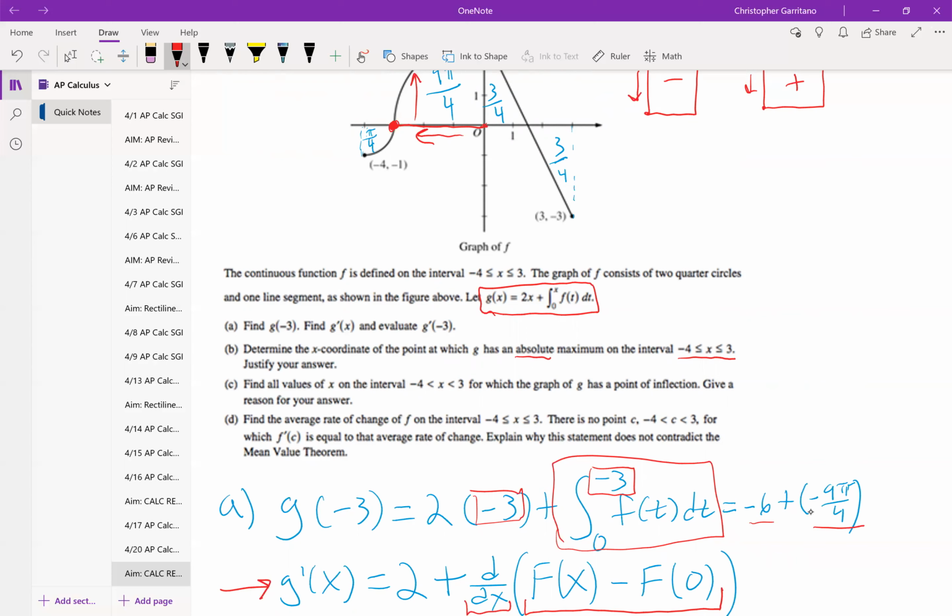Whenever you see a closed interval and you're being asked for an absolute maximum, this calls for a table of values, and you need to evaluate the function that you're trying to maximize at the candidates. So the only possible candidates for the absolute maximum value of a function are the endpoints and the critical points.